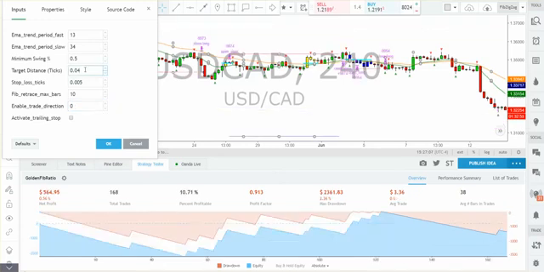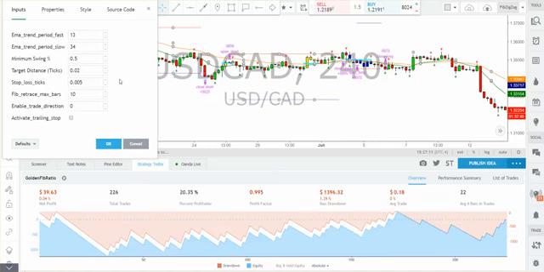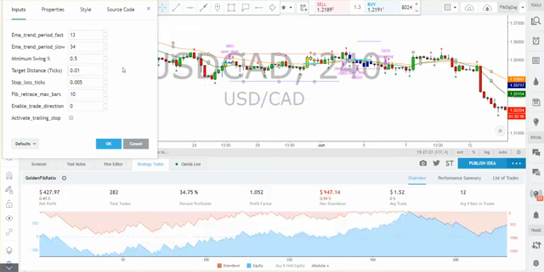So if we were to drop that to, let's say, 200 pips, okay, the equity curve doesn't look that great. All right, well, 200 pips is probably a low probability target. So let's drop it to 100 pips. That looks pretty good. So we have a 2-to-1 reward to risk ratio. The equity curve looks a lot better here.